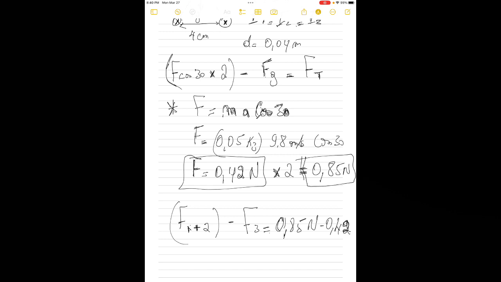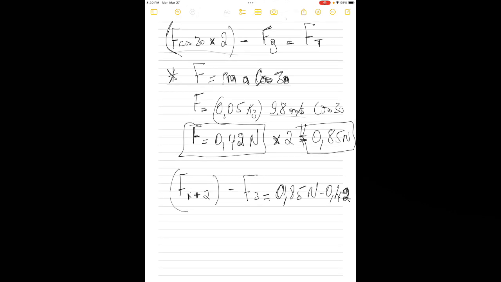Sorry, 0.049, because the gravitational force is equal to 0.05 multiplied by 9.8, and this is equal to 0.49. And the total force on the wire is 0.36.